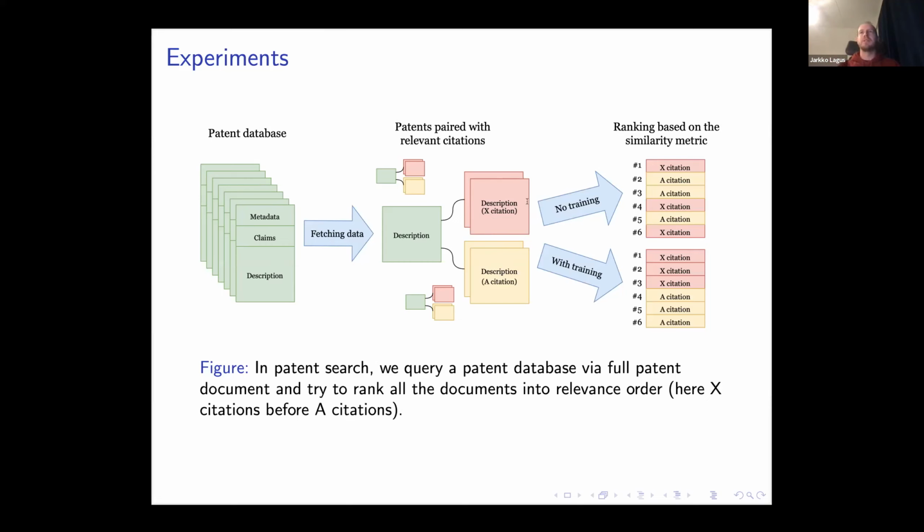So the person wants to find all these relevant citations, so that he knows if he has to change the patent application in some way to not match these. The goal here is that without training, you probably would have a list where the X and A citations are in random permutation, and we want them to be sorted in a way that X citations are on top and A citations are on bottom.